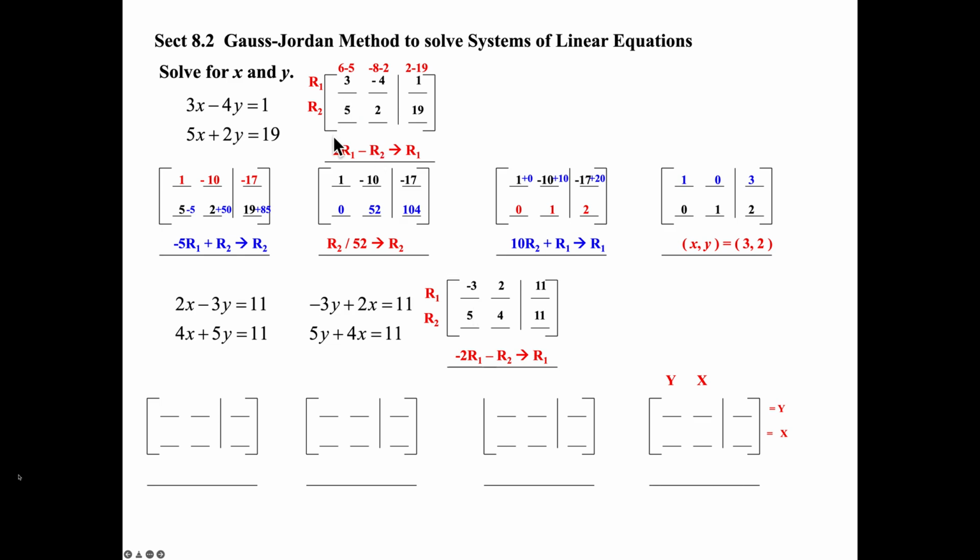But again, you have to do that to every element. So negative 2 times negative 3 is 6 minus the 5. Negative 2 times 2 is negative 4 minus the 4. Negative 2 times 11 is negative 22 minus this 11. Crunch the numbers. 1, negative 8, negative 33.